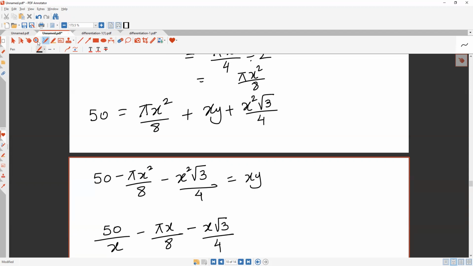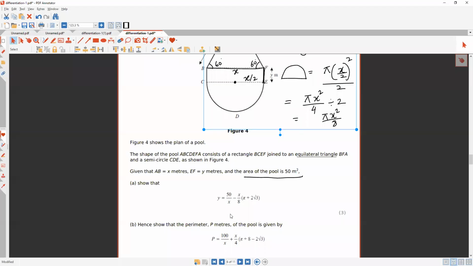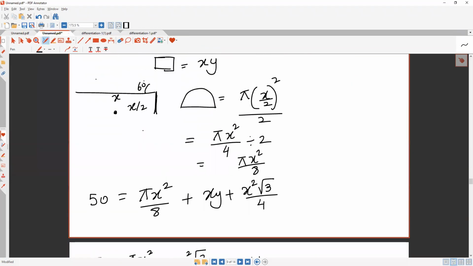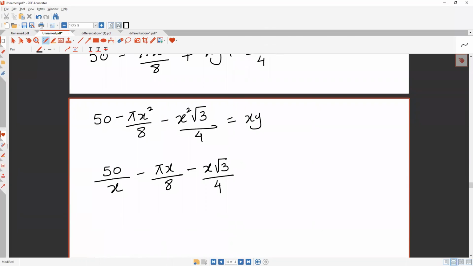Let me check whether it matches with our question or not. They took x by 8 common here and 2 root 3 pi. I don't have a 2 root 3 here. What mistake did I make? I only have x root 3. Okay. Let me do LCM of both of them. If I do LCM of both of them, 8 is the answer.